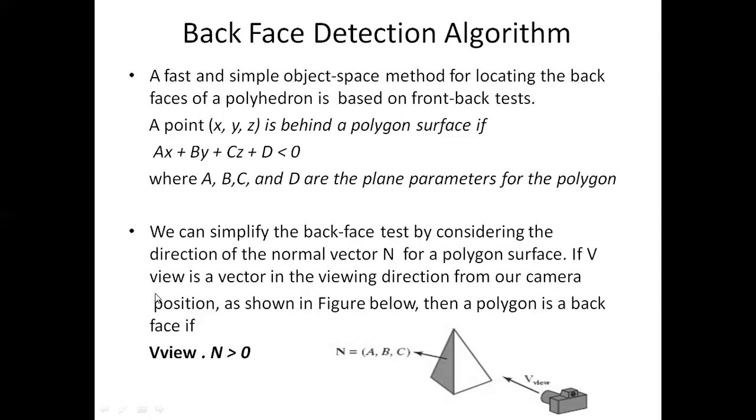If V view is a vector in the viewing direction from our camera position, as shown in the figure, this is view, and this is N. Then the polygon is a back face if V dot N, that is the dot product of V and N, is greater than 0. This is what we checked now.